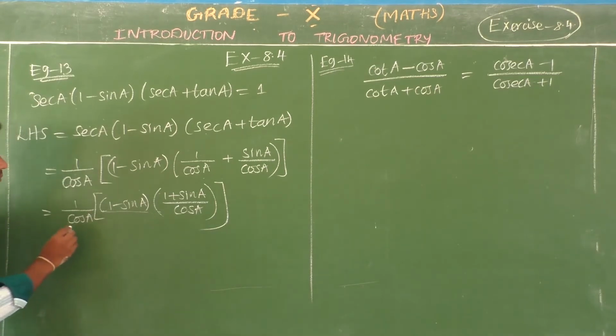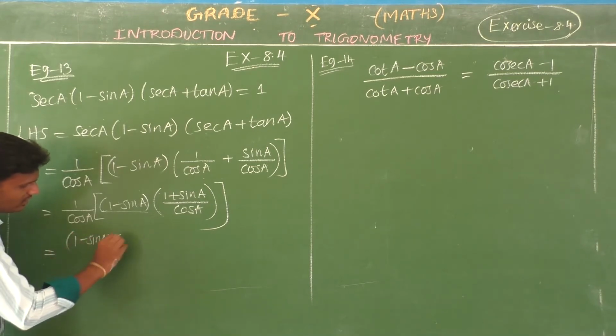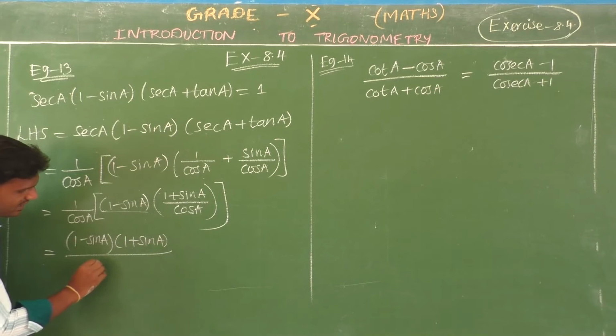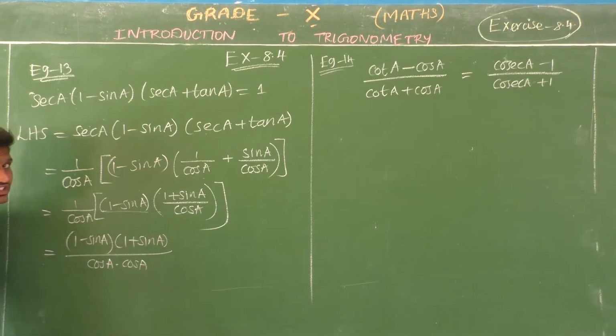That is 1 minus sin A into 1 plus sin A whole divided by cos A into cos A.